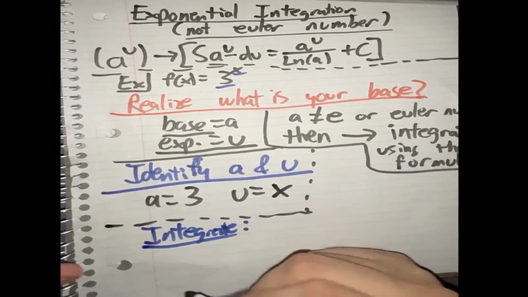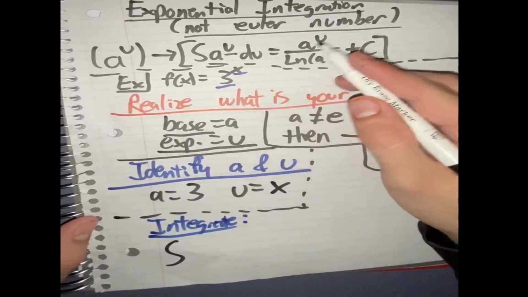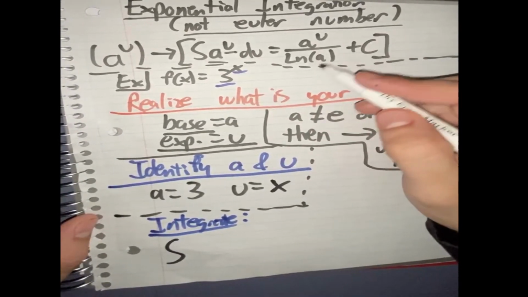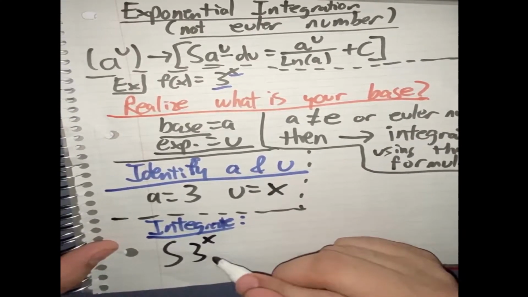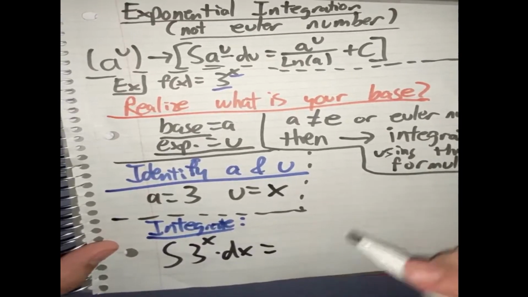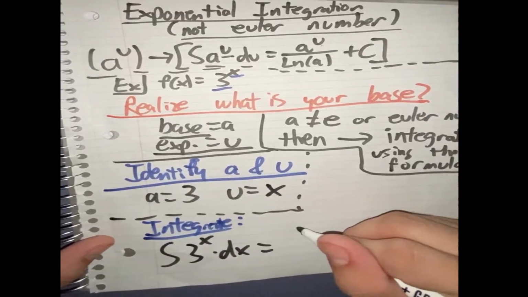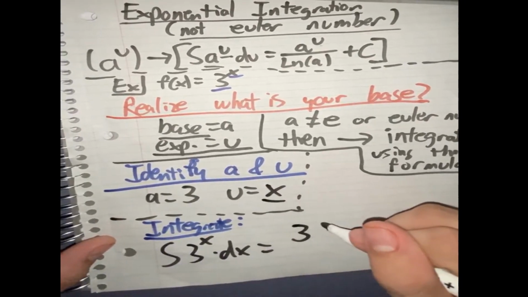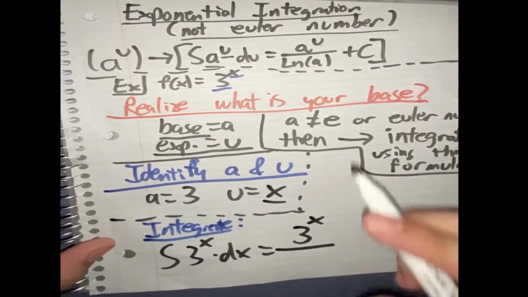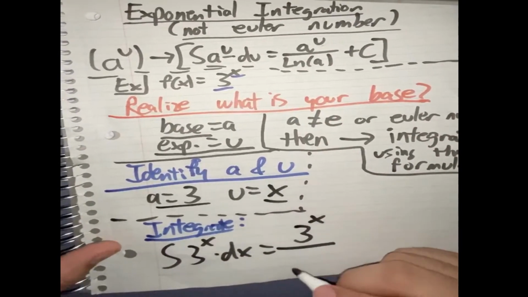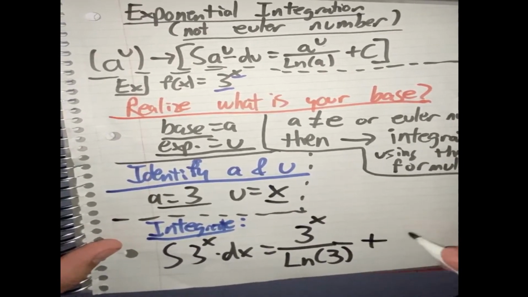We know that the integral of A raised to the U du is equal to A to the U divided by the natural log of A, plus C. So in this case, the integral of 3 raised to the x dx is equal to 3 raised to the x, divided by the natural log of 3, plus C.